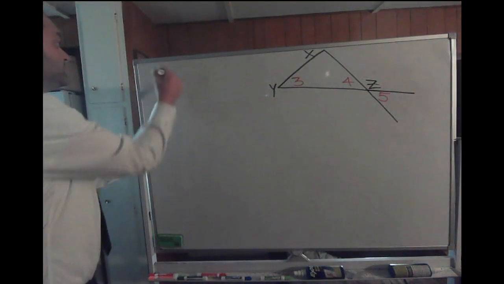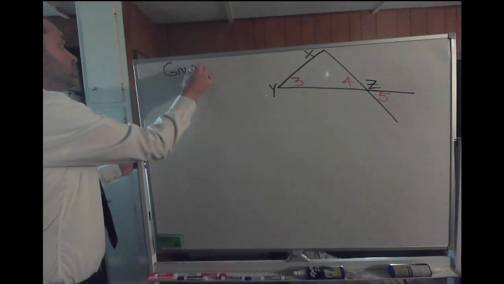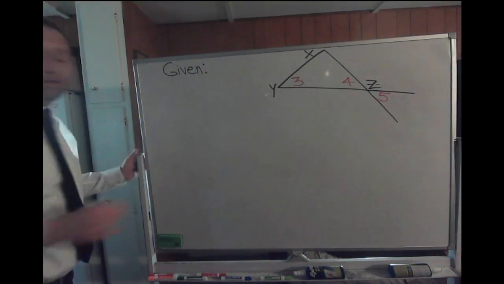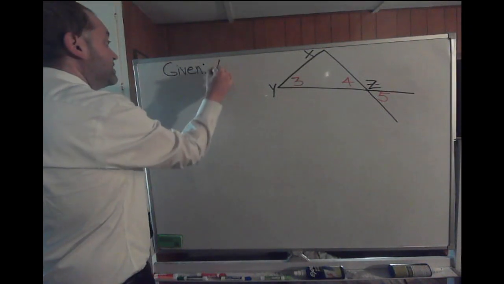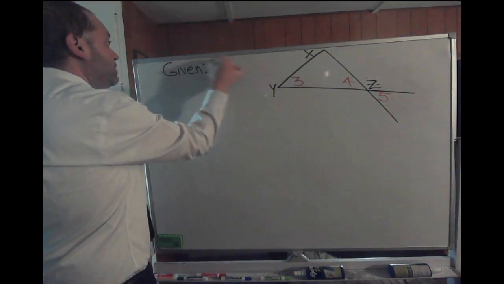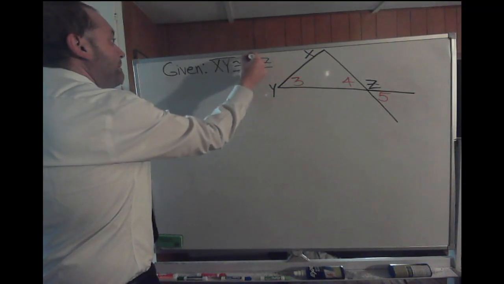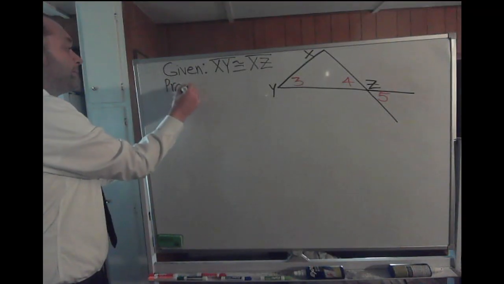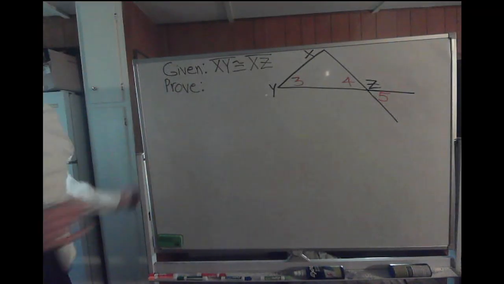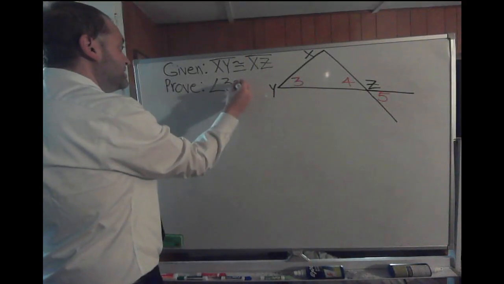What do they give us? So we are given that XY, so side XY, is congruent to side XZ. We have to prove that angle 3 is congruent to angle 5.